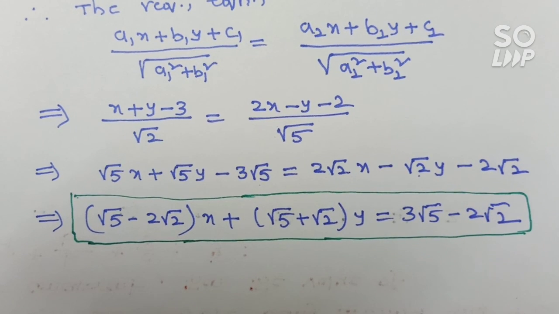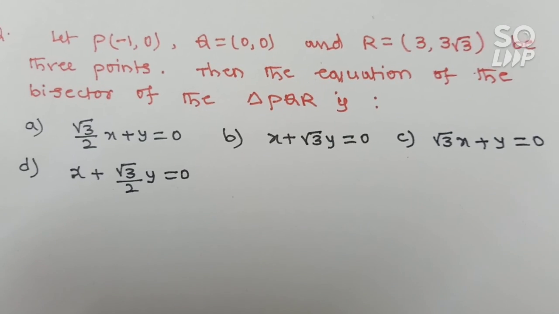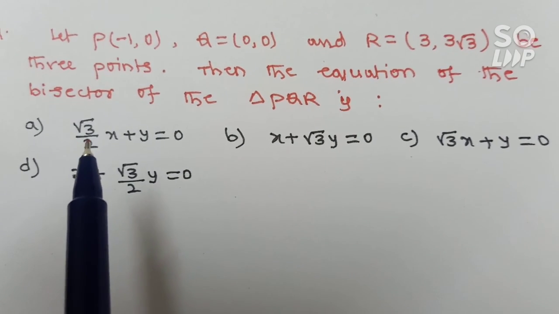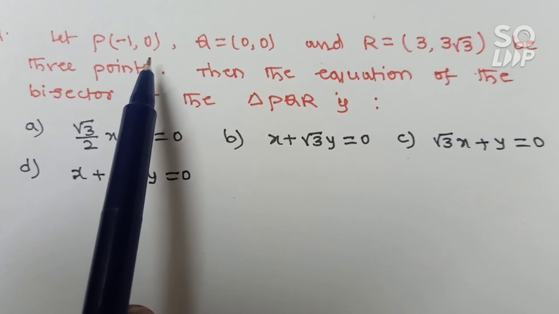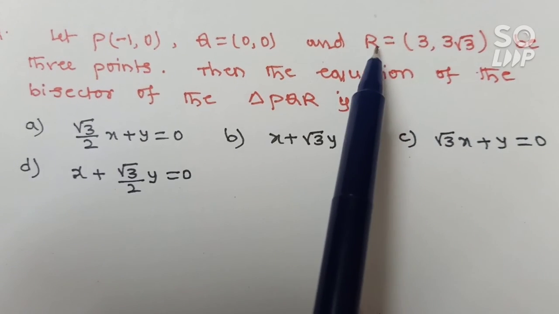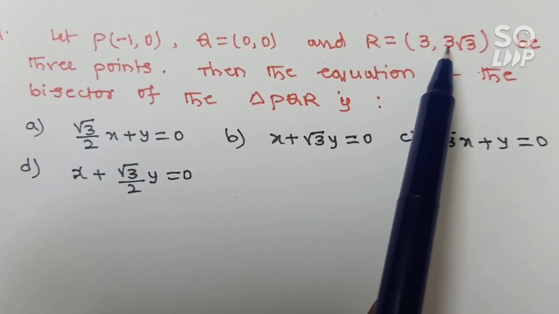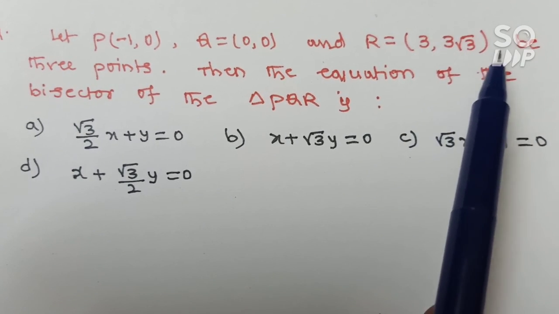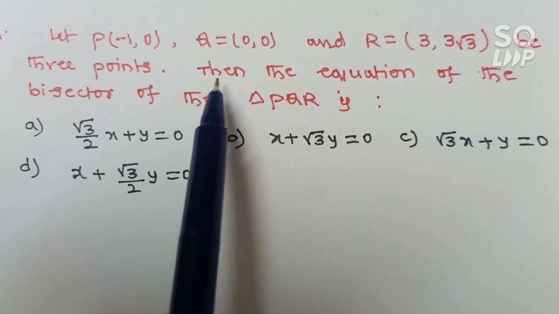Okay, we will see one more question in this model. See in this problem, let P equal minus 1 comma 0, Q equal 0 comma 0, and R equal 3 comma 3 root 3 be the three points.